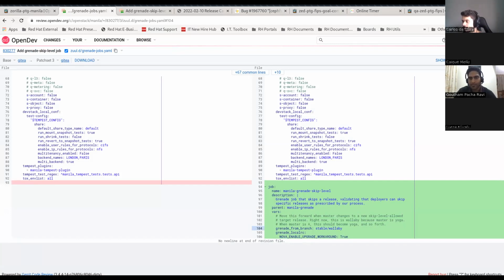So now, at least every single release, or when we do have a new tick release, we will possibly be needing to update this job, so we actually test the tick release.